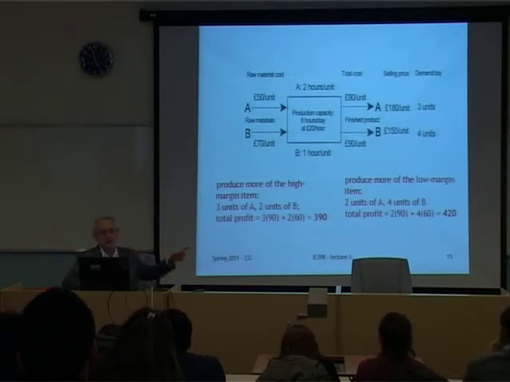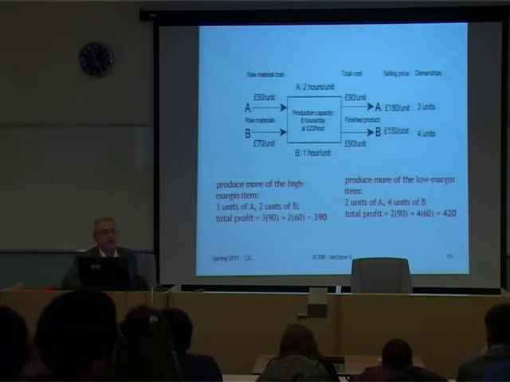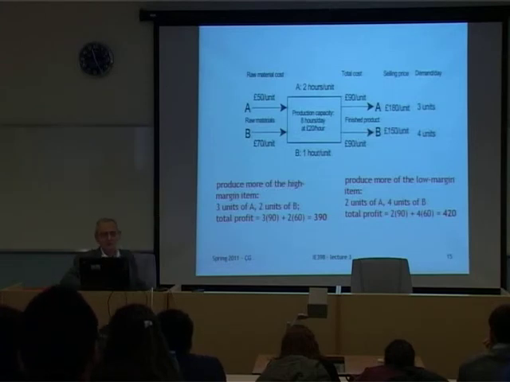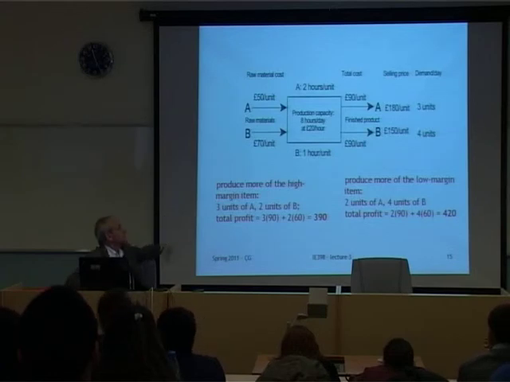And then, of course, in the production itself, there are labor costs. We have a production capacity of 8 hours per day, and each hour of labor costs 20 pounds. Product A needs 2 hours per unit. These are the requirements. And product B needs 1 hour per unit. So the total costs of the products are both, as you can see, 90.